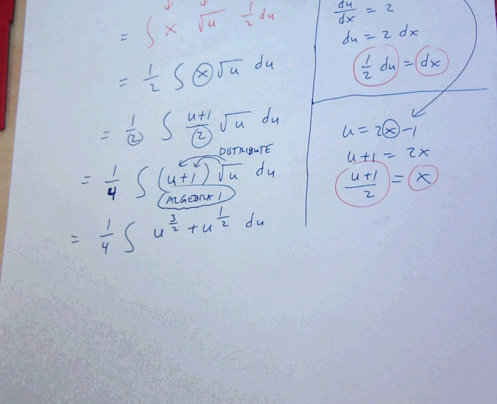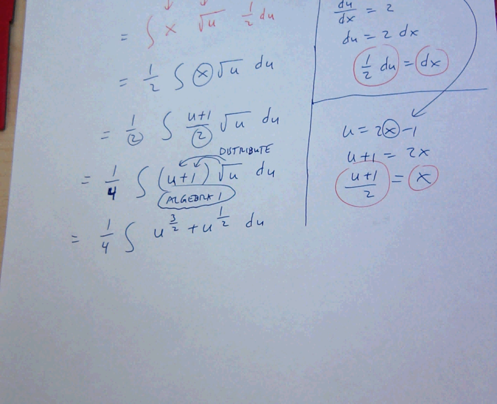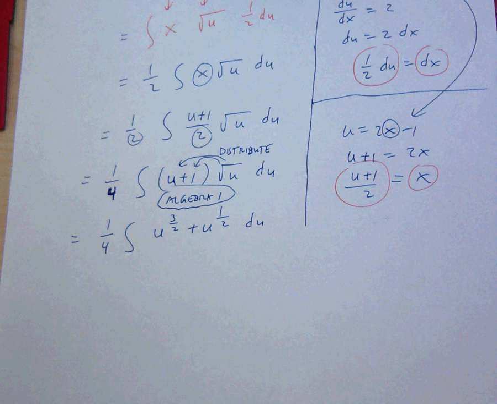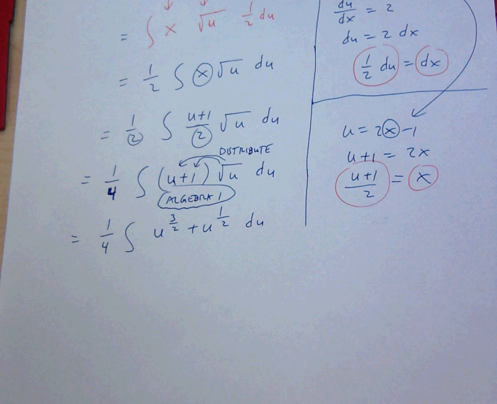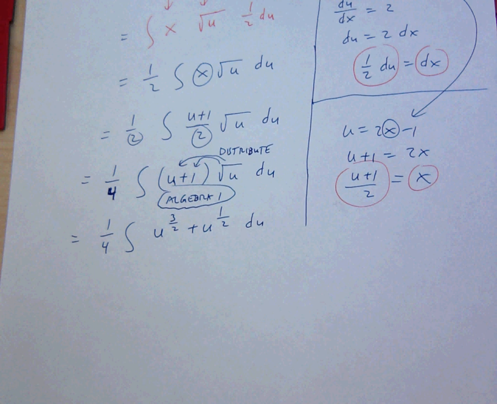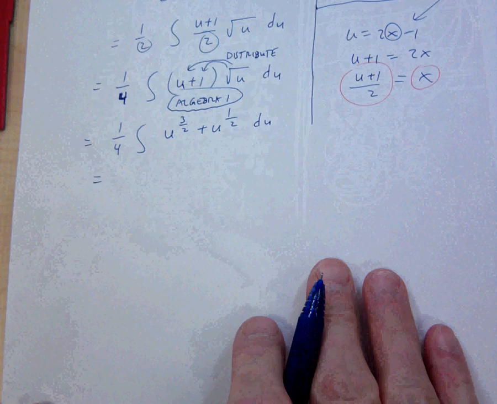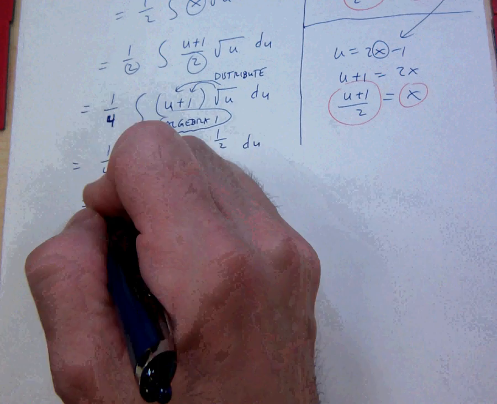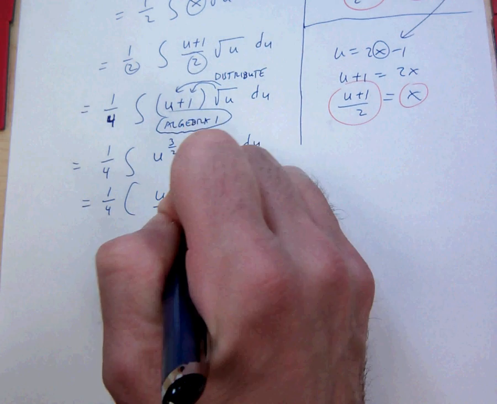Okay, guys? So that step is just Algebra 1, isn't it? By distributing. Yeah? All right, now, guys, do you agree I have something I can integrate finally? I can integrate this now? Okay, so let's finish it. I'm going to add 1 to the exponent, divide by my new exponent.